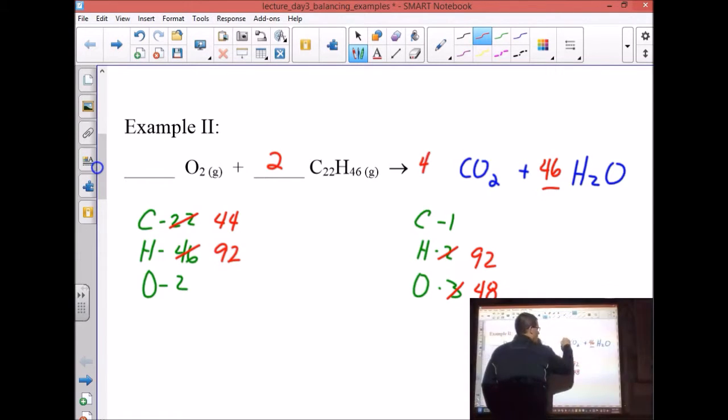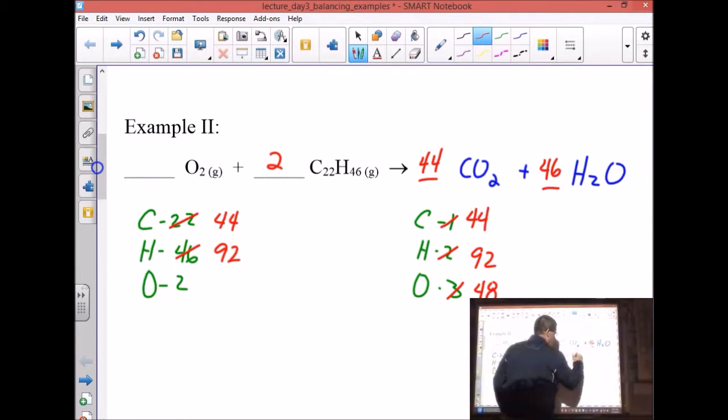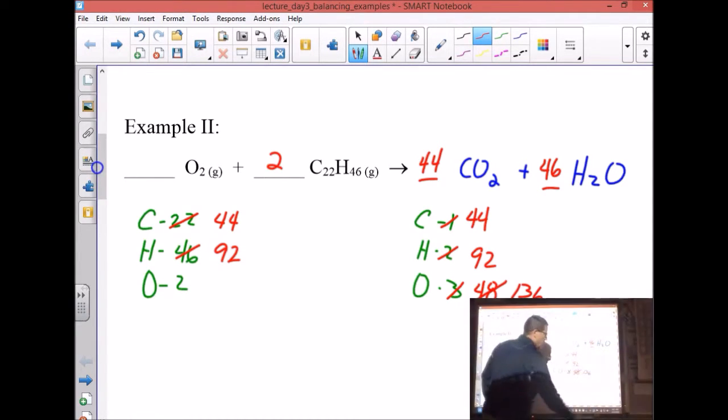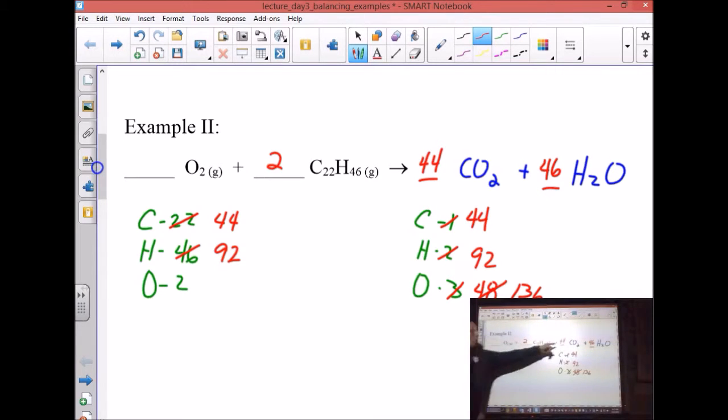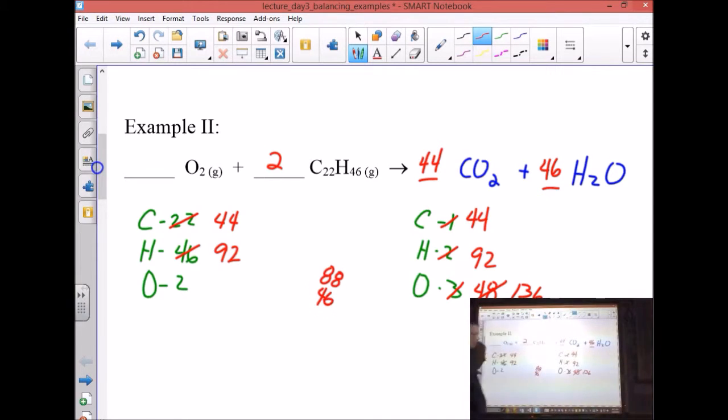Whatever number you want to put there, odd or even, not a problem because we have an even. So now how many oxygen do I have? 136. So 44 times 2 is 88. And then 46. Okay. So just adding them up.